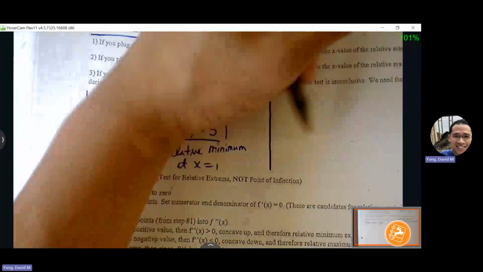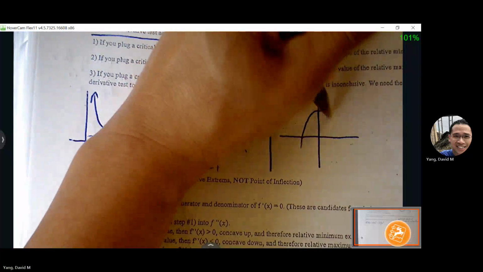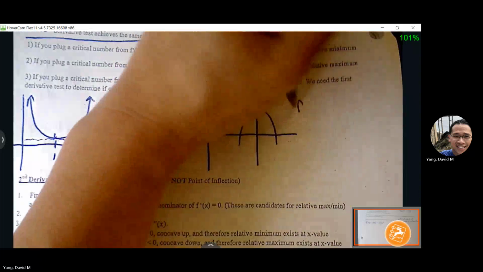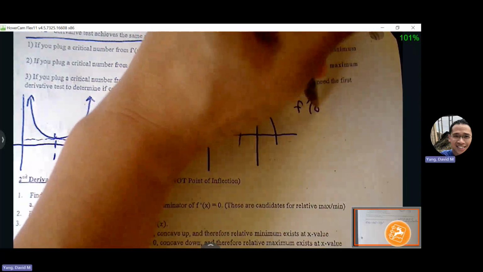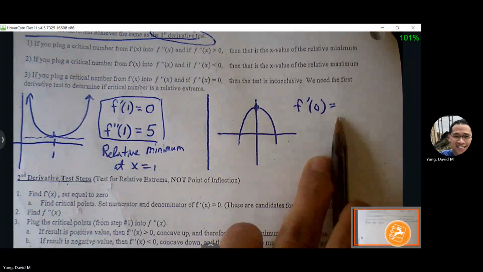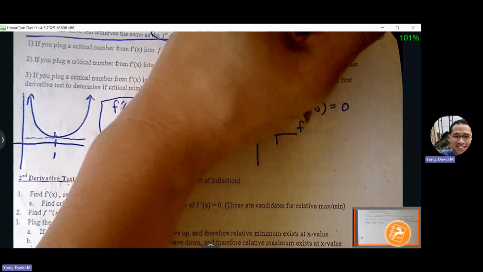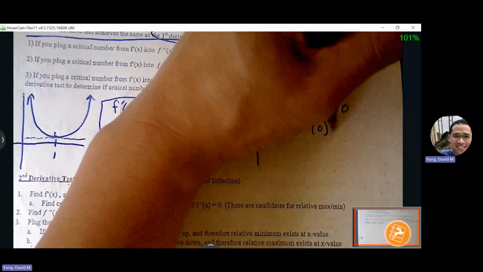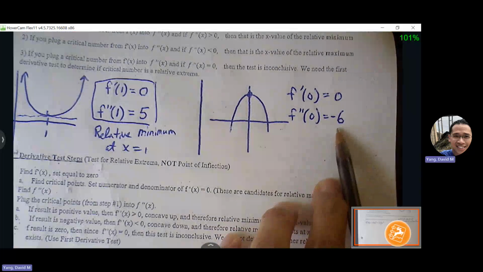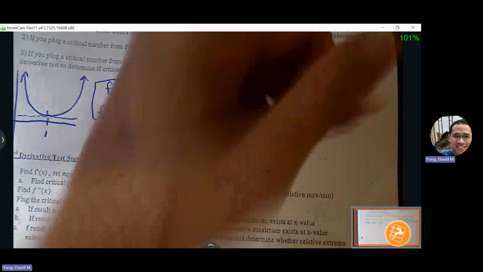All right, likewise, let's say I had this graph here. What do you expect from f prime of 0? The slope of the graph at 0 is 0. And let's say f double prime of 0 is -6. So that tells us that this graph is part of a concave down graph.